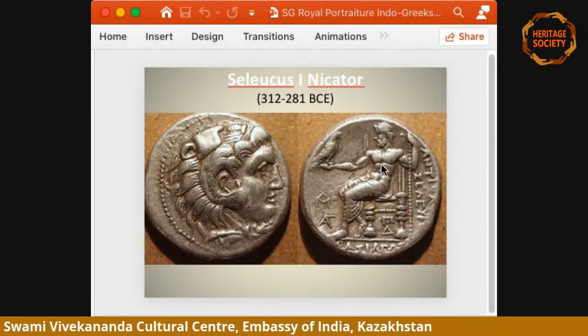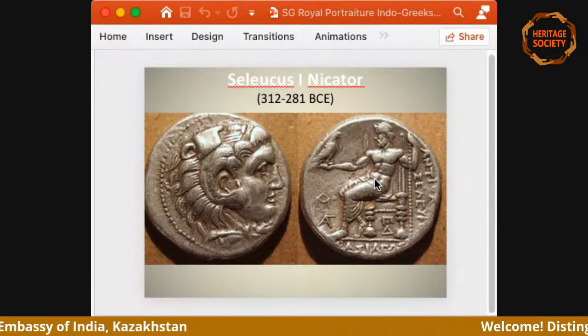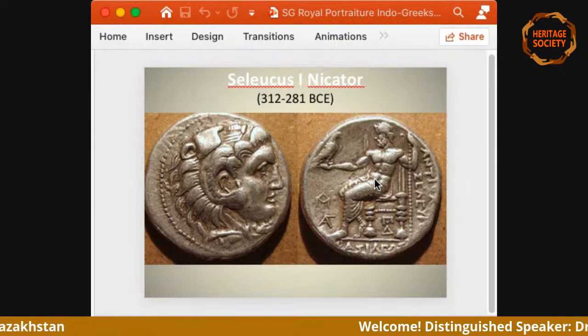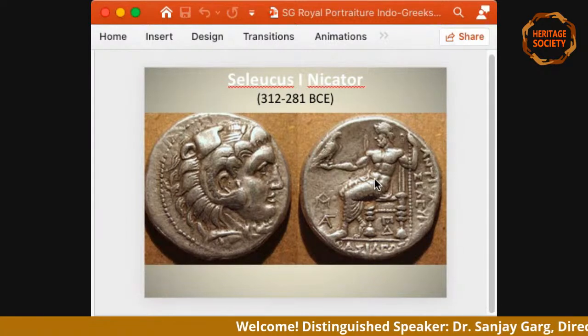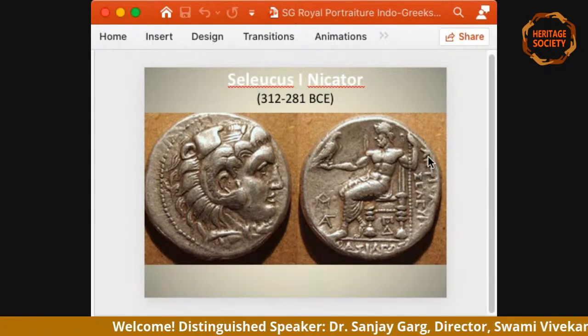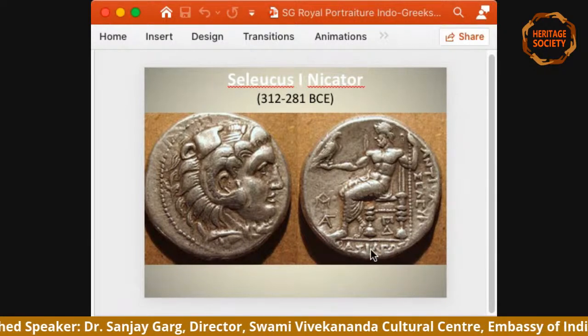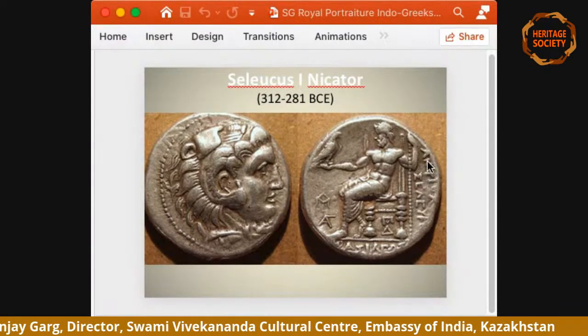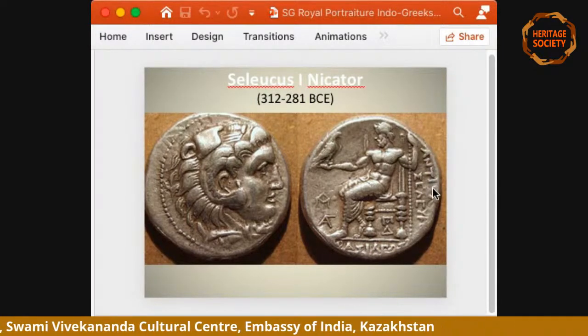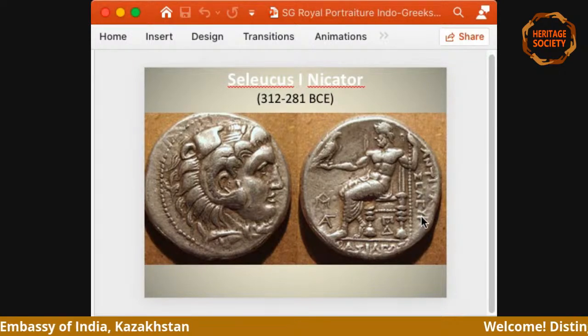And on the reverse, you see Zeus sitting on a throne and holding a scepter in one hand, and on the other hand, he's holding an eagle. And the legend here, Basileos, at the bottom, which is the king, and here the two names are there: Antiochus on the top and Seleucus below it.